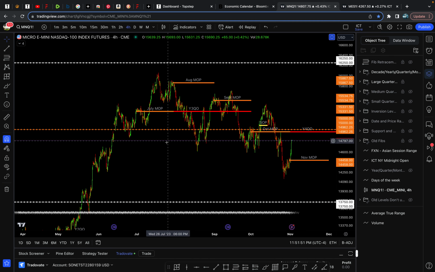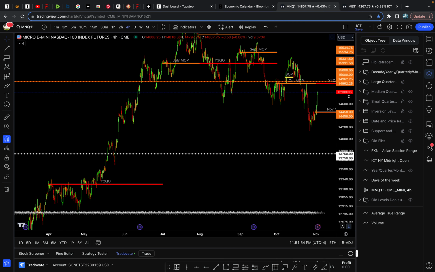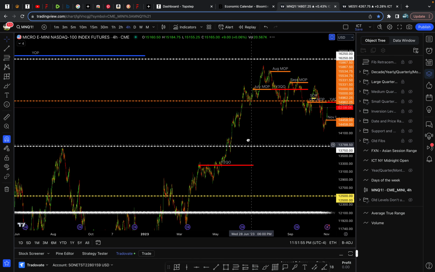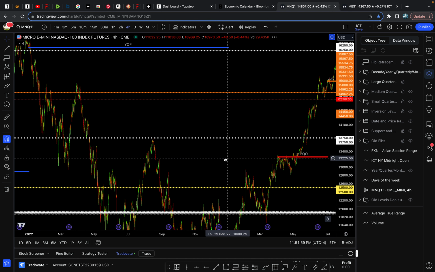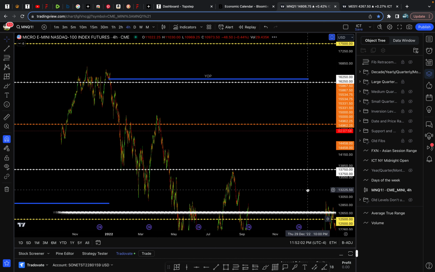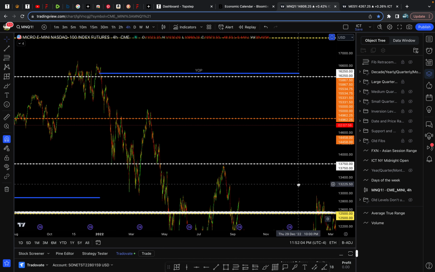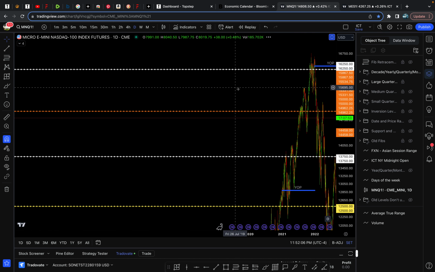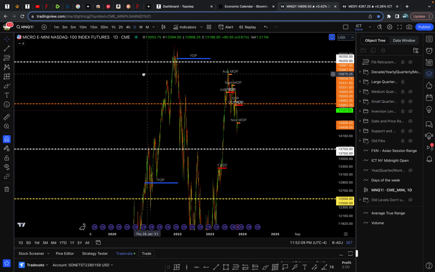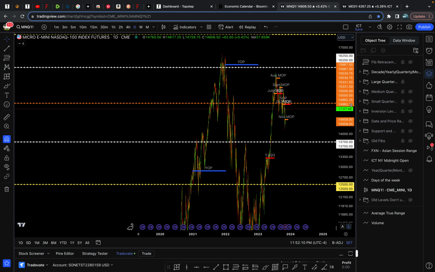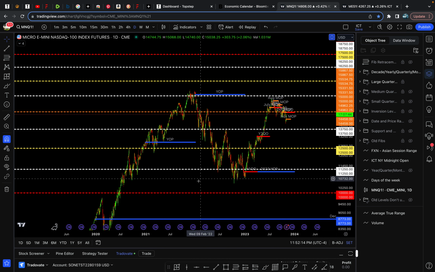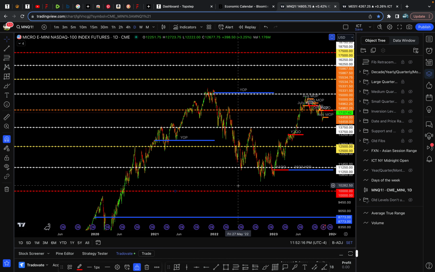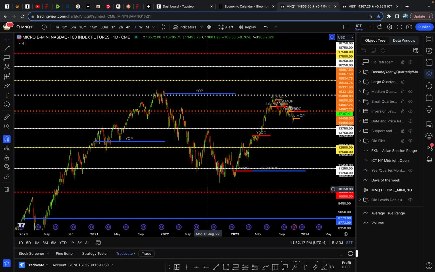So really, price is bouncing around on these levels, on a bigger sense of time, as you could say. If you go to the daily, you can see price bouncing around these major levels on the daily.